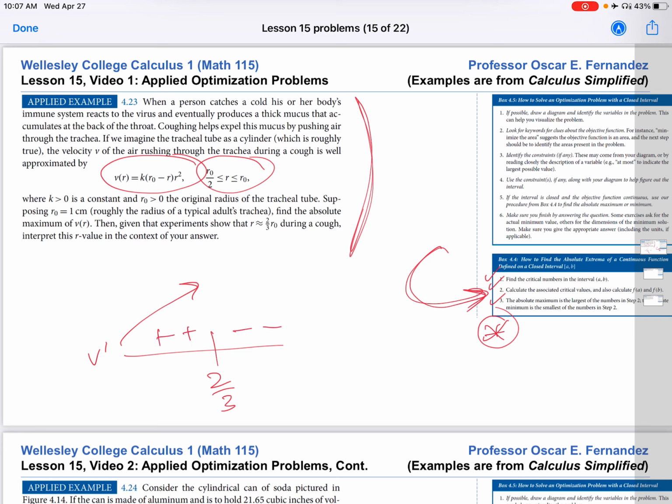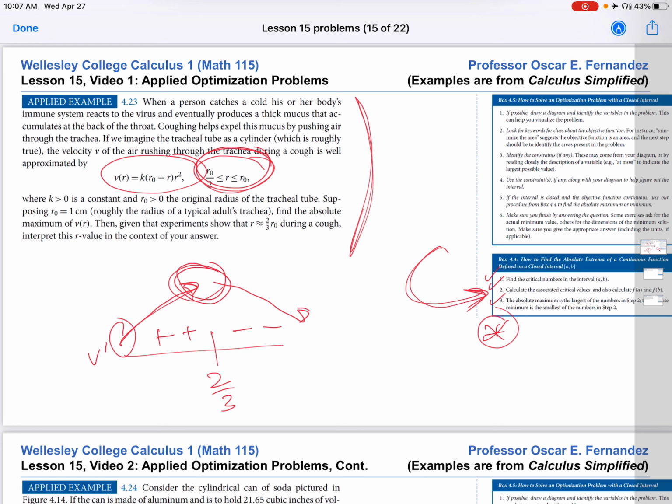And then you could argue, for example, that on this interval, which is all we care about, the function basically increases and then decreases. So this point must be a local maximum. So you could use the first derivative test to conclude it's a local maximum. Then you could say, hey, it is the only place where this function has a zero slope.